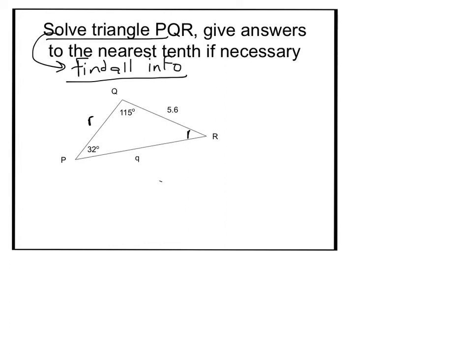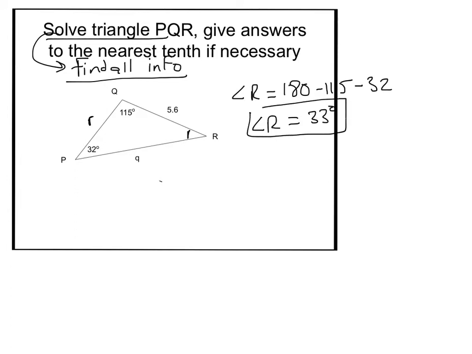Real quick, to find angle R, I'm going to take 180 minus 115 minus 32, and angle R is going to equal 33 degrees.